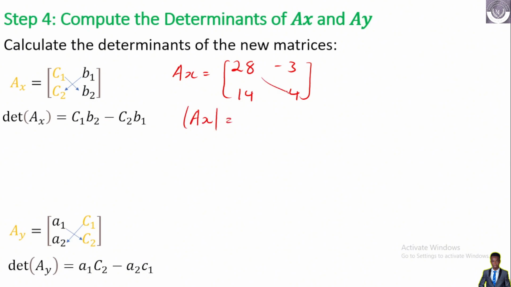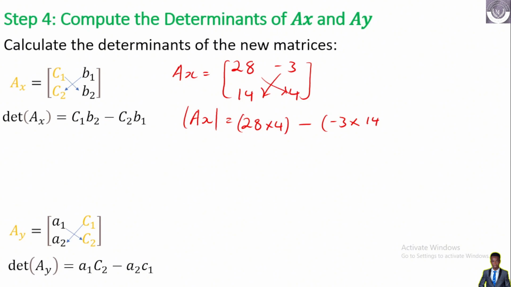Remember again, it's always like that. We multiply the corresponding entries. So it's going to be 28 times 4 minus, into minus 3 times 14.